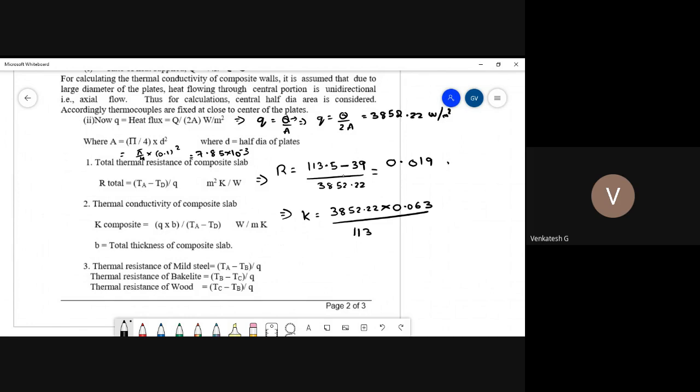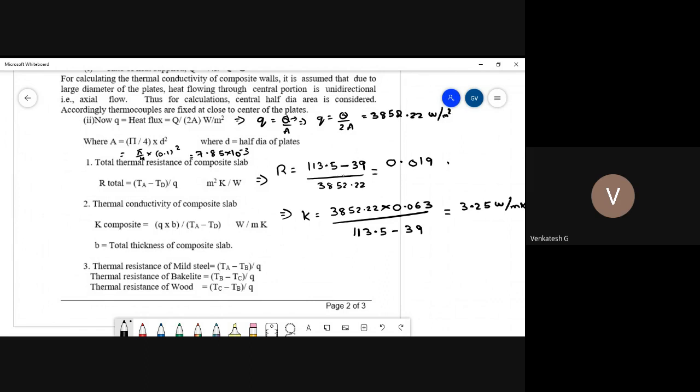So TA is 113.5 minus TD is 39, right? If you calculate this, we are going to get the thermal conductivity of the composite slab as 3.25 watt per meter Kelvin. So this is K for the total slab.